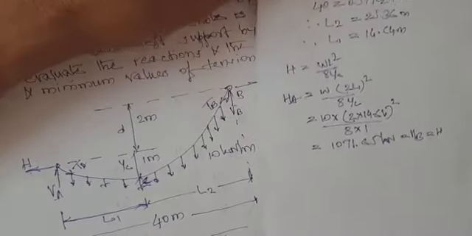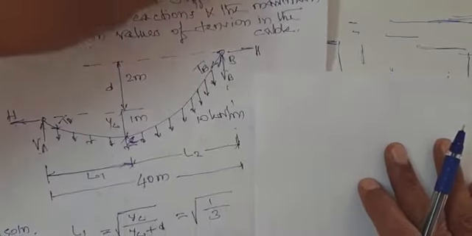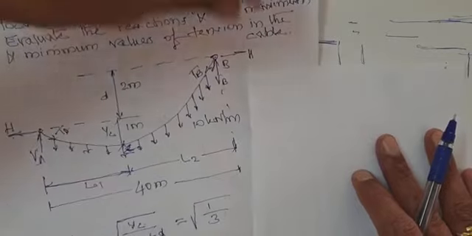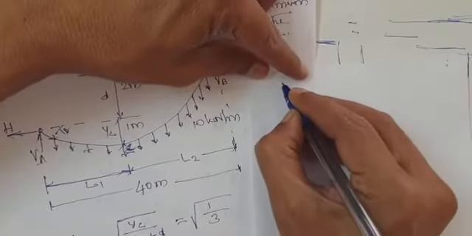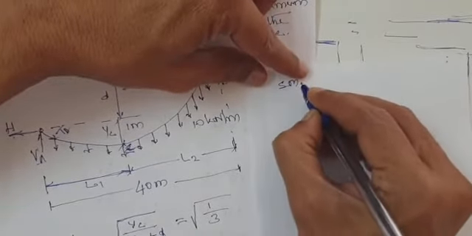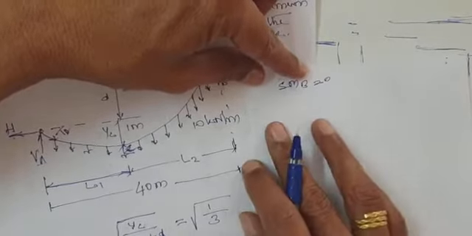So once you get this HA and HB, now we will calculate the other reactions, VA and VB. VA and VB we can calculate by writing sigma MB equals 0. Okay.